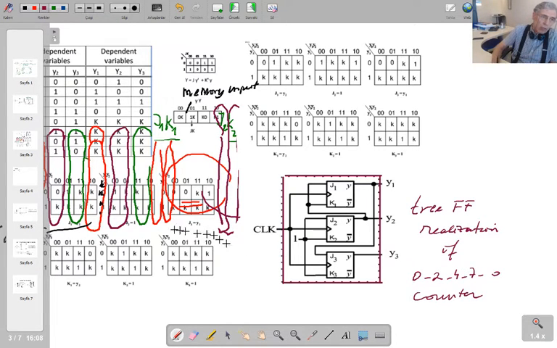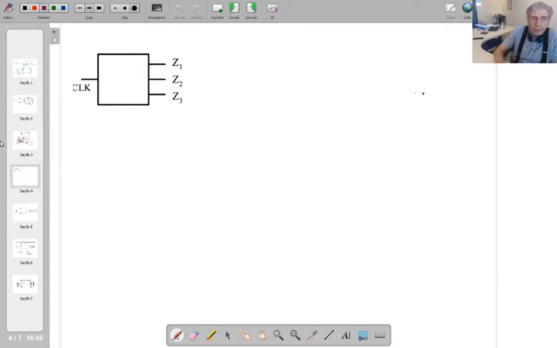Let's come to the next one. Here you are. In this, once again, the box is the same. In terms of input-output relation, it is going to be the same, isn't it? But what is inside is going to change. How is it going to change?